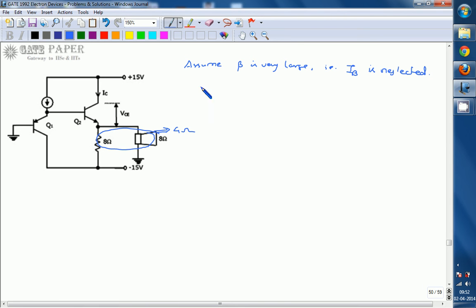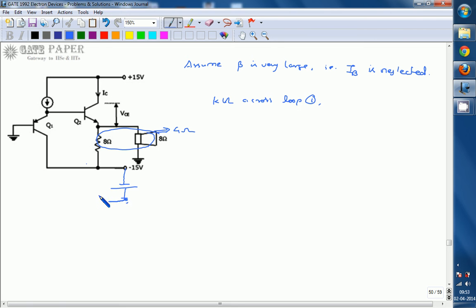Okay, so now apply KVL across loop 1. Observe clearly. We start from minus 15 onwards. This is the negative terminal and this is the positive terminal, which is connected towards ground.